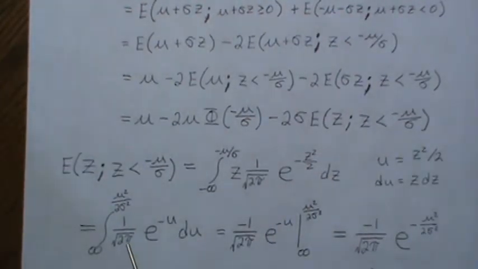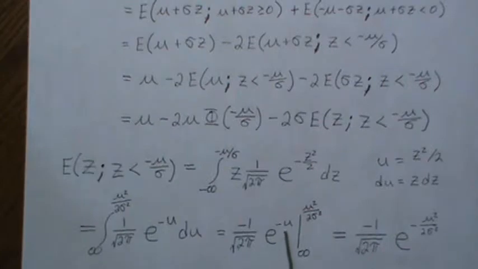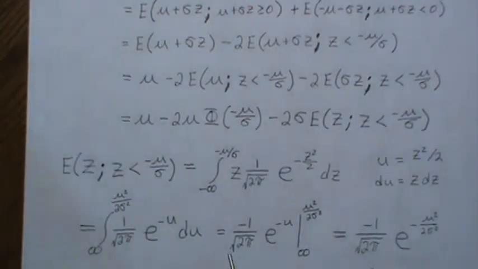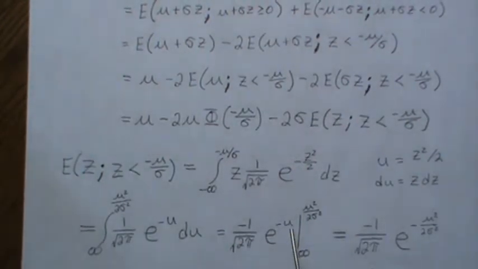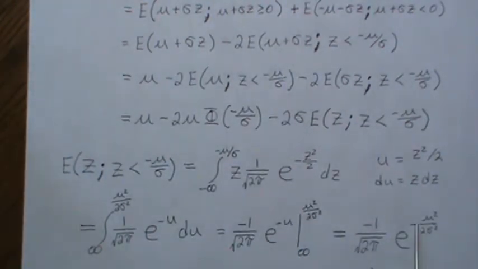So then this becomes a constant that can be factored out, and you have the integral of e to the minus u, which then is minus e to the minus u, and then we have our constant out front, integrated at these limits. This says plug it in, and when it's infinity, it goes to 0, so we're left with just this piece here. So now we know what that expected value is, which is this.